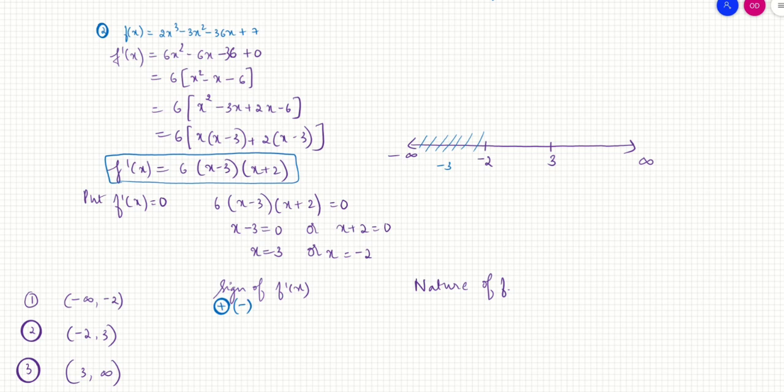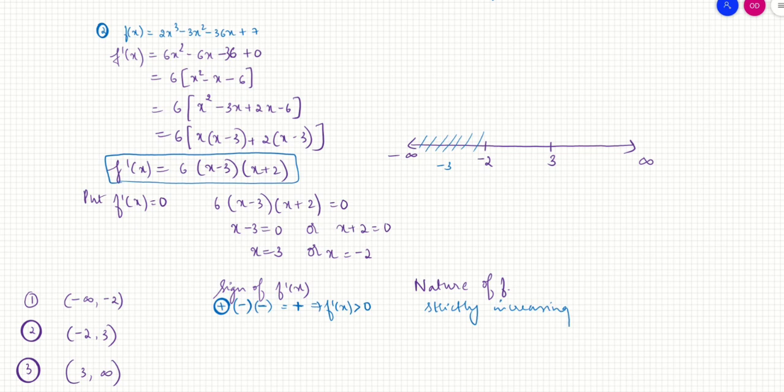We have minus 3 plus 2, which is minus 1, which is negative. So positive into negative is negative, negative into negative is positive. So we get plus sign. This implies that f dash of x is greater than 0. So if f dash of x is greater than 0, the nature of f will be strictly increasing.